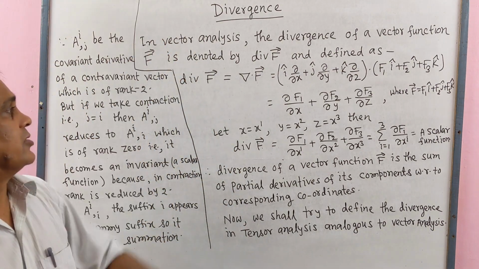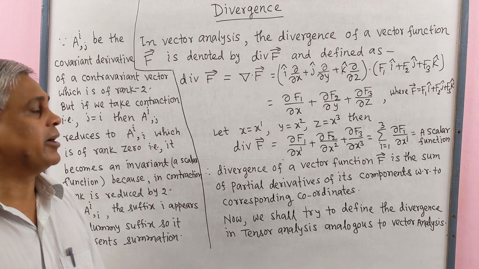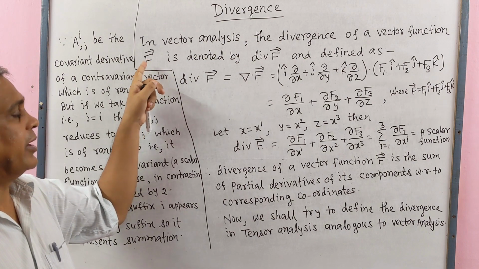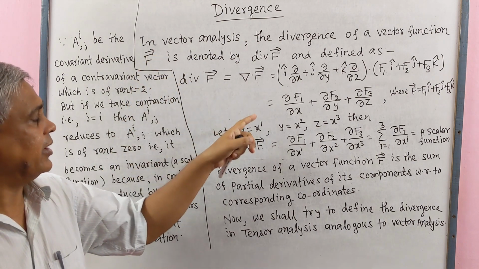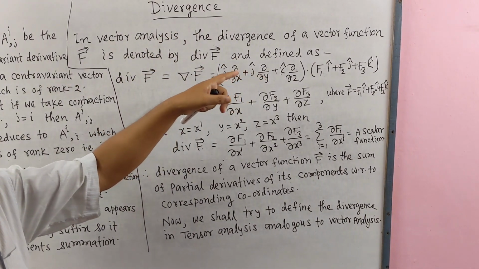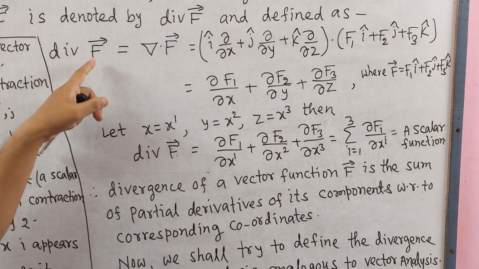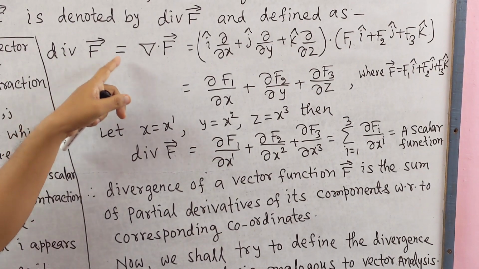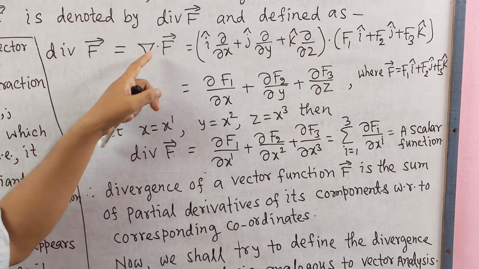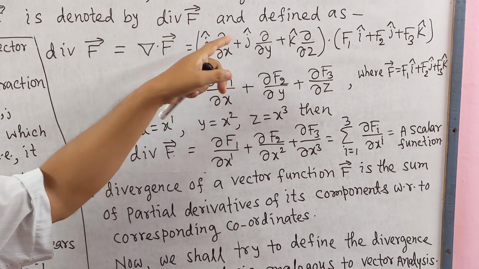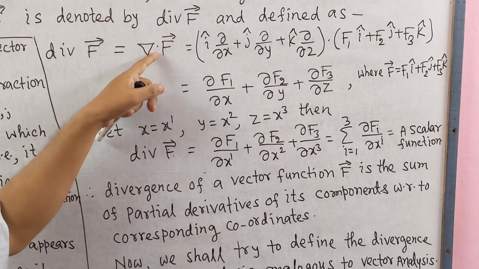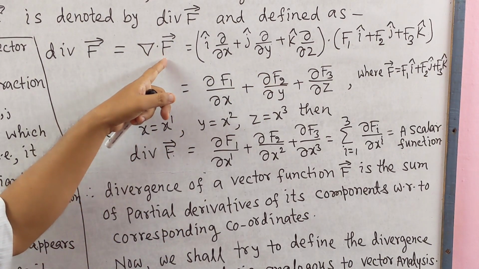In vector analysis, the divergence of a vector function f is denoted by div f and defined as div f equal to nabla dot f. The value of nabla is i del by del x plus j del by del y plus k del by del z. Dot product with f.